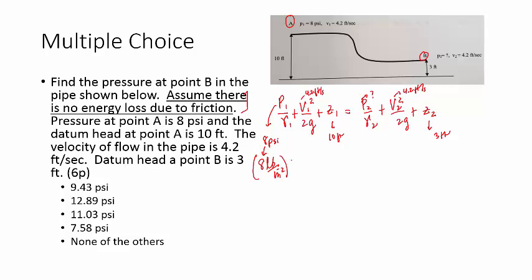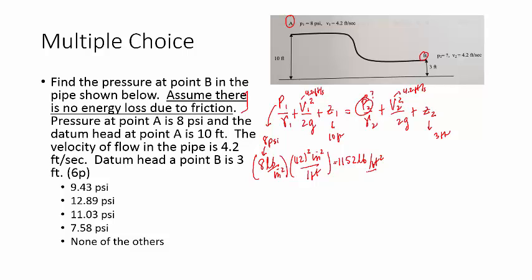So we need to convert this to square foot. 1 square foot is 144 square inches. So this is 1152 pounds per square foot. And whenever we obtain this pressure, we'll also have it in pounds per square foot.